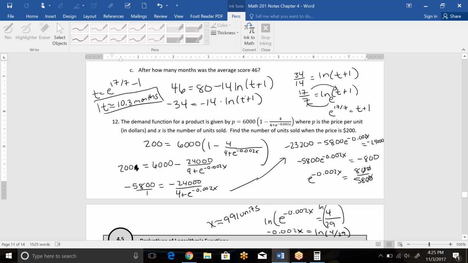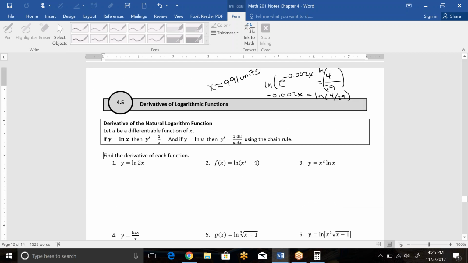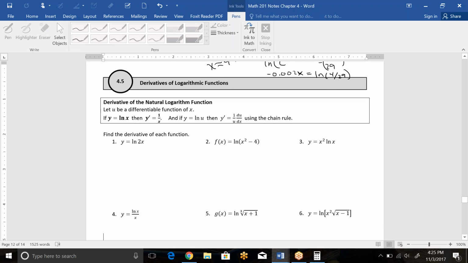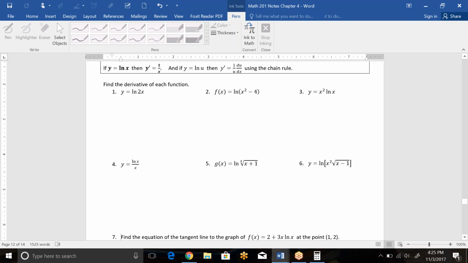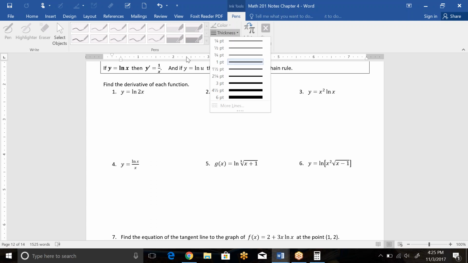Okay, so that puts us into the last section. And there were a few examples we skipped over in this one. So 4.5, we skipped over number 6, taking this derivative that had this product rule inside of it. So remember, the derivative of natural log of x is 1 over the x. The x is the argument of that, times any chain rule that you get from that inside part.